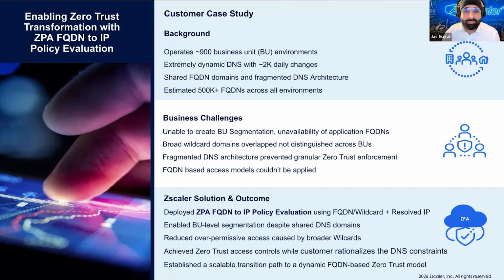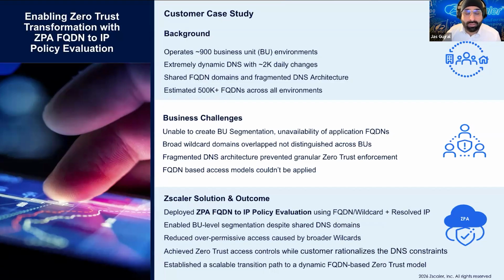Now, this customer, a global enterprise, operates roughly 900 business units with extremely dynamic DNS architecture and landscape, and thousands of DNS changes occurring daily. So you can imagine the scale here.